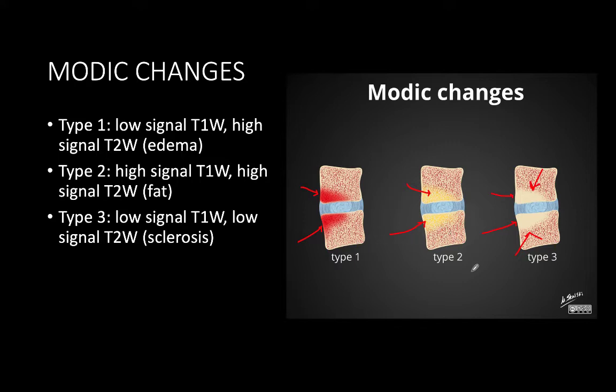And so Modic changes are things we can see on MRI examinations, at least type 1 and type 2, that precede the subchondral sclerosis we can appreciate radiographically and on MRI. Named by Michael Modic, a neuroradiologist who wrote a lot of papers and developed these Modic changes in the interpretation of MRI.